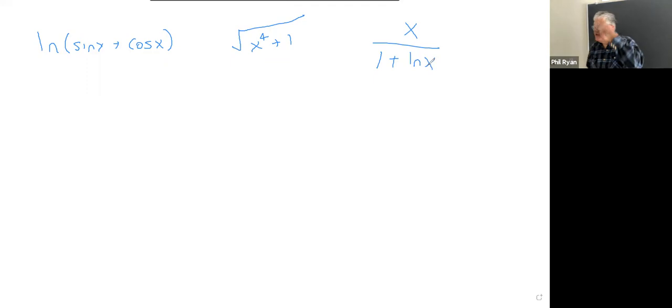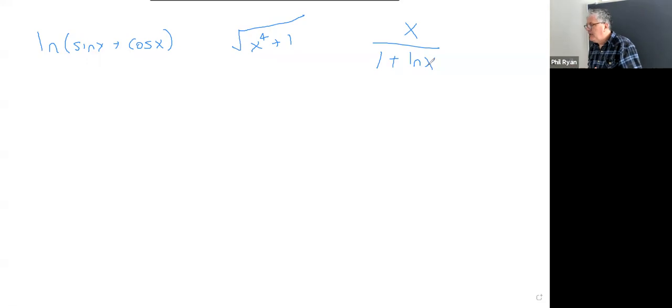Okay, so here's three random functions that I came up with. So with the first one, ln of sine x plus cosine x.